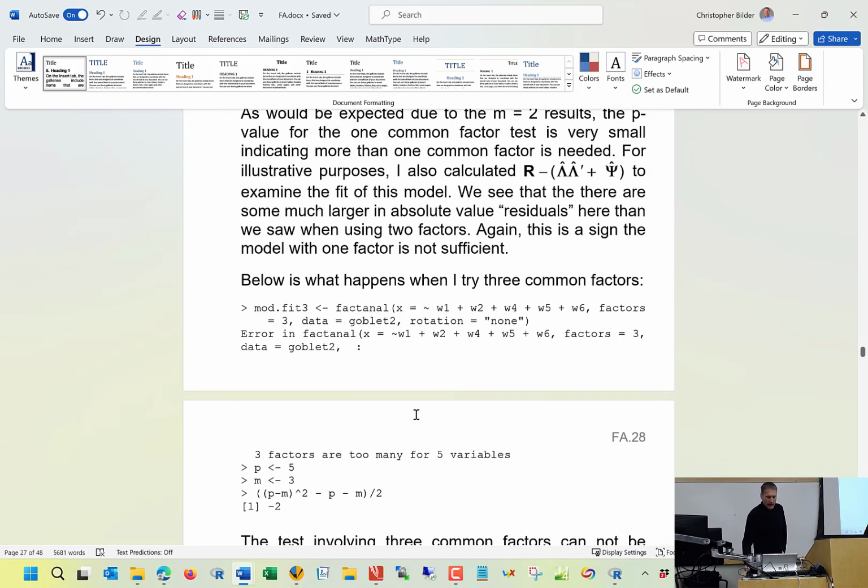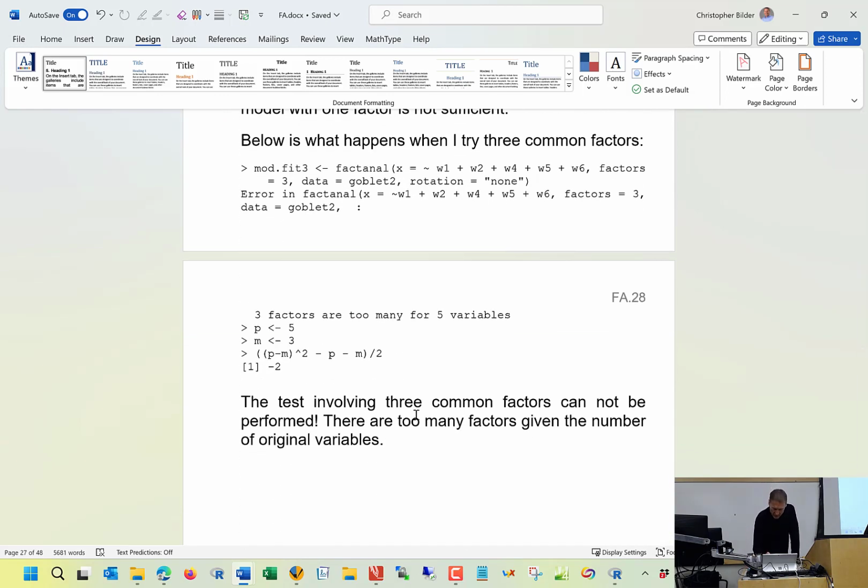Well, what if I use 3 common factors? So I say factors equal 3, and look what I get. Error. 3 factors are too many for 5 variables. This corresponds to some stuff that we were talking about last time, where you can have multiple solutions. And so I can't even use 3.